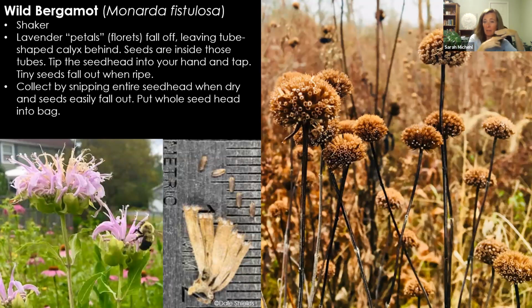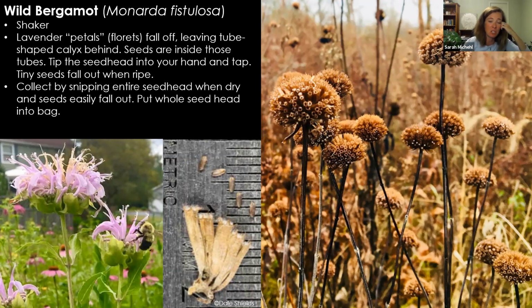If you clip underneath the seed structure with scissors or whatever, turn it upside down and just tap it or squeeze it. The little seeds are inside those tubes. Each tube is going to have a seed, and those fall out in your hand.